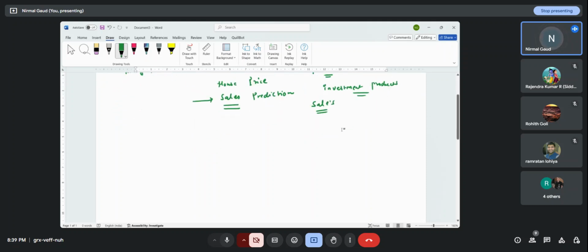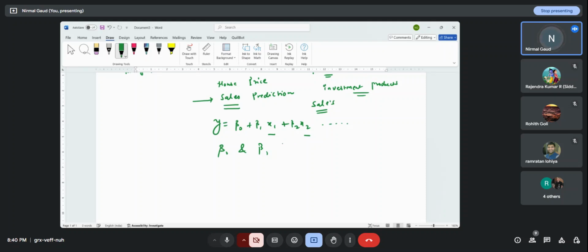And you may have multiple linear regression too: beta naught plus beta 1 x1 plus beta 2 x2 and so on, where you have many independent variables.